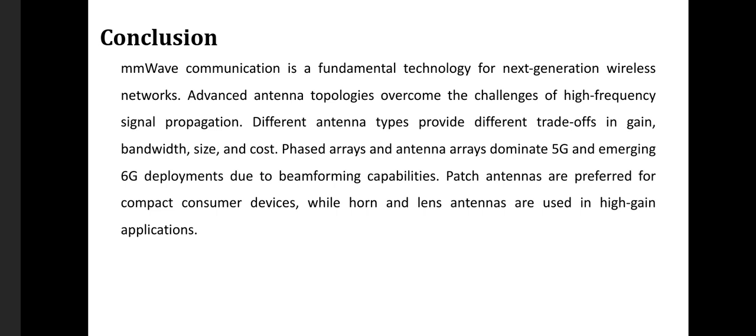Because of their smaller size, a single antenna is not enough to transmit all the signals to the receiver. We have to use a group of antennas called arrays, and patch antennas are preferred for compact consumer devices, while horn and lens antennas are used for high priority areas like radars, military, beam steering applications, and high gain applications.